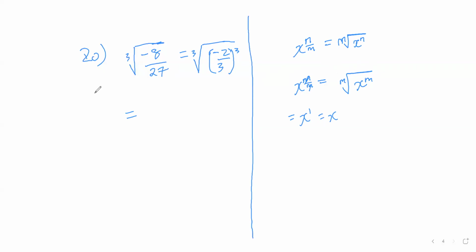I just needed to show you that, so much so that, for instance, the cube root of 2 cubed, using this law, as an exponent, will be written as 2 to the 3 over 3. 3 divided by 3 is 1, so it becomes 2 to the 1, which is just 2. So this is how these cancel.